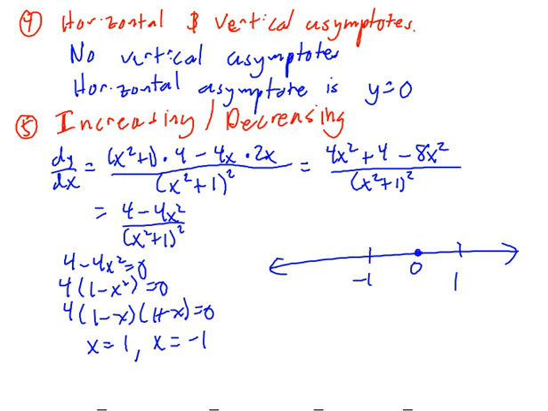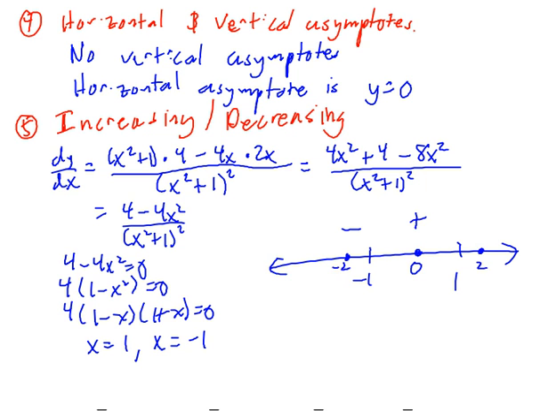Let's see what happens if we plug in 0 for x. With our derivative, the denominator is squared, so we don't have to worry about its sign, because that's always positive. We just have to see the sign of the numerator. If I plug in 0 for x, we get 4 in the numerator, so that's positive. If we plug in, say, -2, that would be negative.